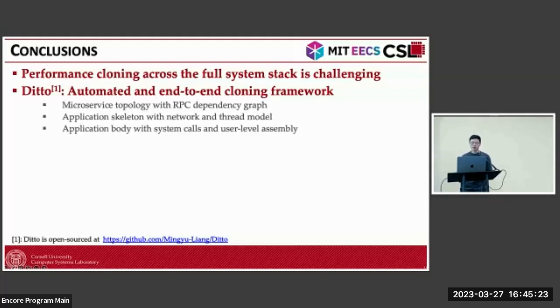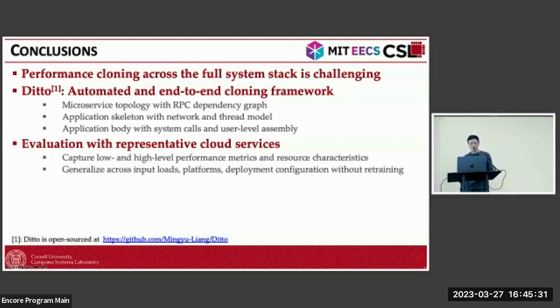And finally, it generates an application body with the system calls and user-level assembly to mimic the on-CPU and off-CPU behavior. And we conduct a comprehensive evaluation with a diverse set of single and multi-tier microservices. And the results show that the synthetic benchmarks can accurately capture both the low-level and high-level performance metrics, and it's portable across platforms, loads, and deployments.